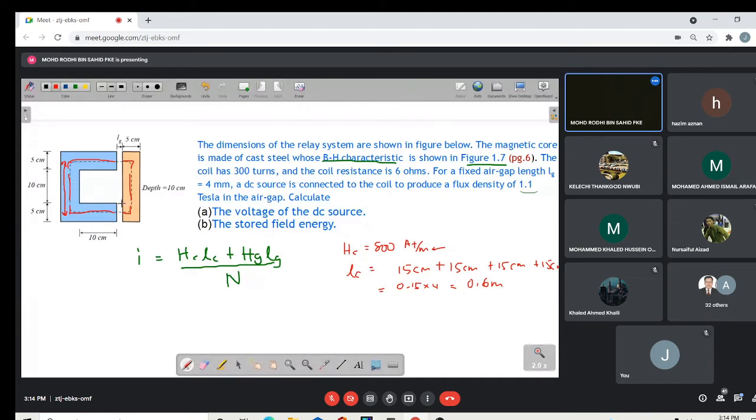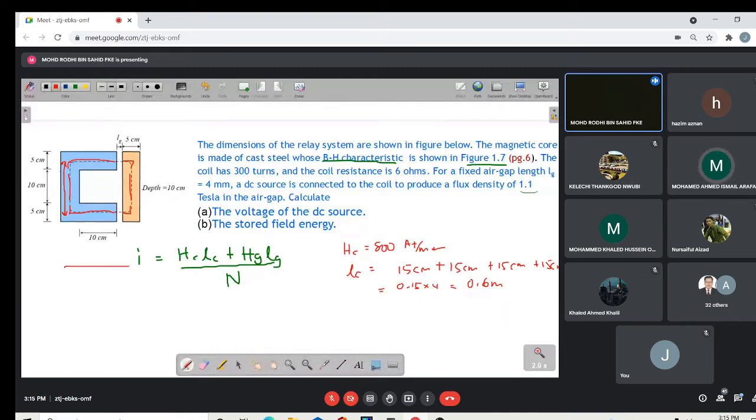Because we took the height as 15, not 20. Lc is supposed to be the length of the core, right? Yes, the red line here, the length of the core, from here to here, to here, to here.